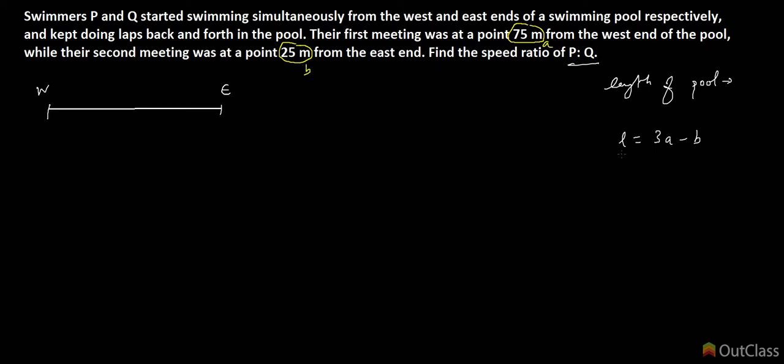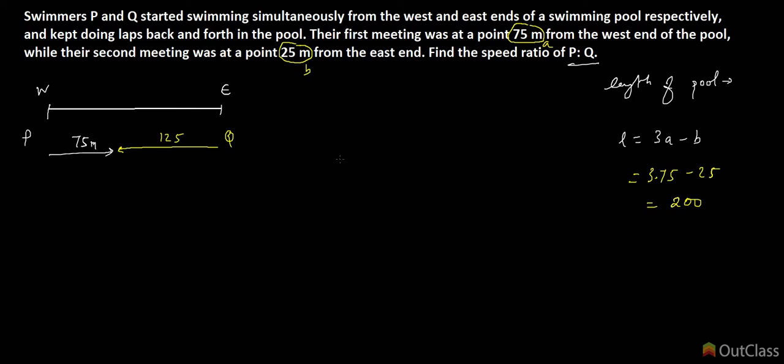That's your a and b, and the length of the pool is just 3a minus b, so that's 3 into 75 minus 25, which is 225 minus 25, 200. The first meeting happens at a point 75 meters from the west end, so P has done 75 meters in the same time that Q has done the remaining 125 meters.